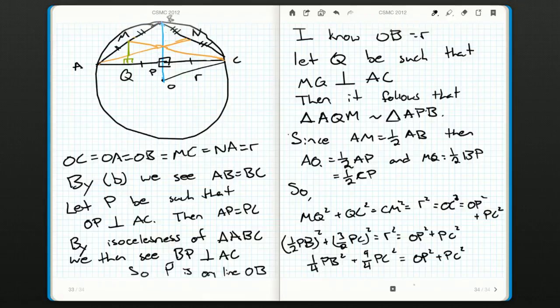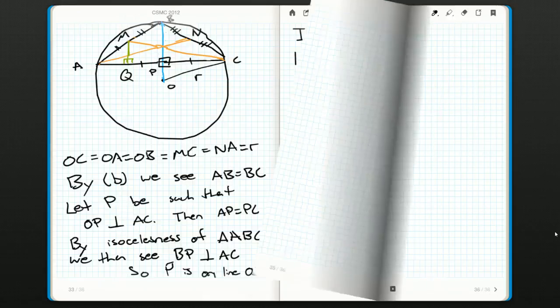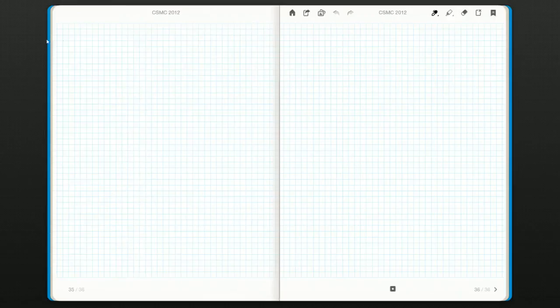Okay, and we know that OP and PB, they might make up an R. So I'm going to give a name to OP.